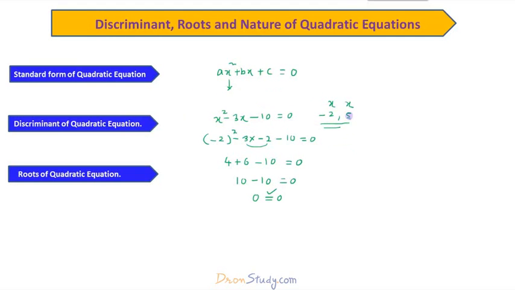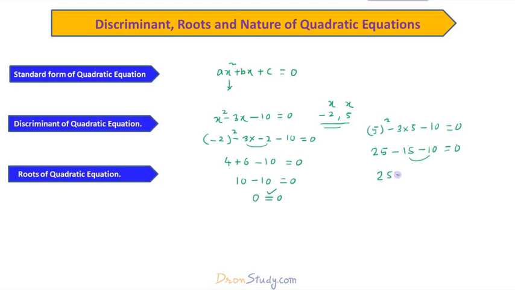Now here take 5. If the value of x is 5, so it will be 5 square minus 3 into 5 minus 10, that is equal to 0. So 5 square will be 25, minus 5 3s are 15, minus 10, that is equal to 0, minus 15 and minus 10, that will be minus 25.